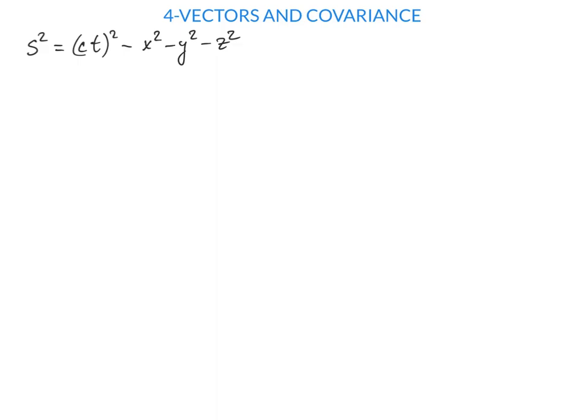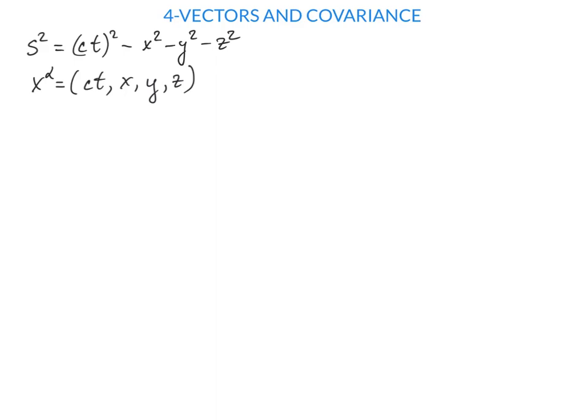Now let's adopt the following convention. So let's write ct, x, y, and z as a set of 4 numbers. And we'll denote it as x^alpha. Alpha here is a superscript, and it has 2 notational functions.